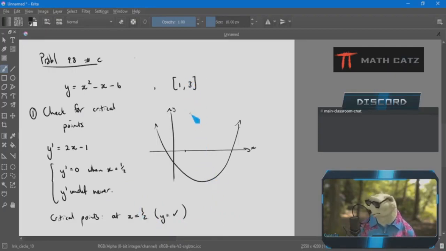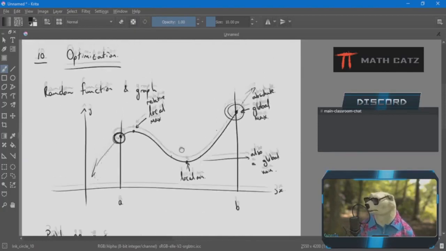Because it's actually much simpler. It turns out that the only place I could have these extreme points is when the graph is turning. It could be a sharp turn, but it has to be a turn. And that's only going to be critical points.